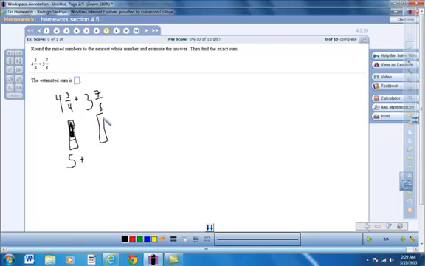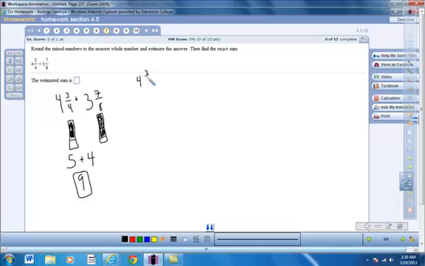Once again, we look at our fraction, know that there's going to be 8 equal parts. Here we see our numerator tells us that 7 of these 8 equal parts are shaded. Once again, more than half is shaded, so this 3 goes to a 4. So for the estimated part, we get a solution of 9.